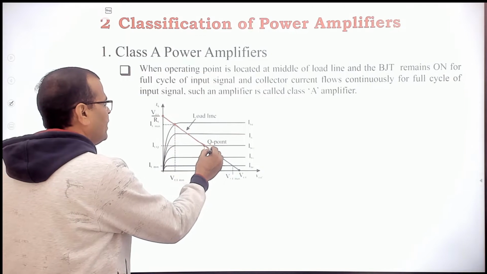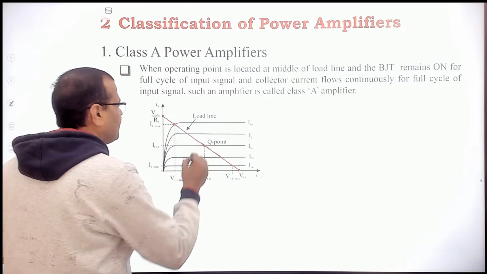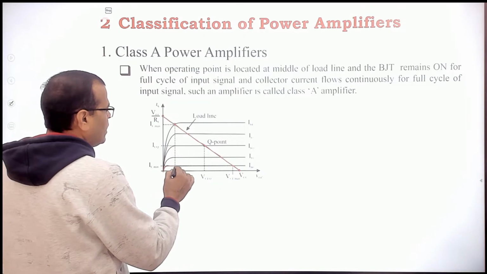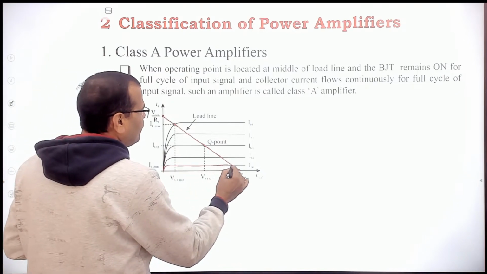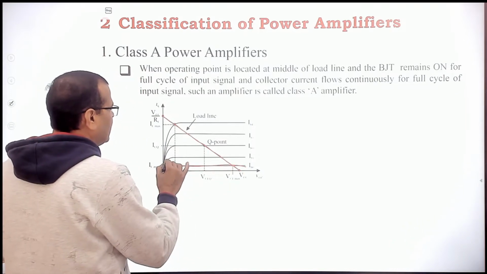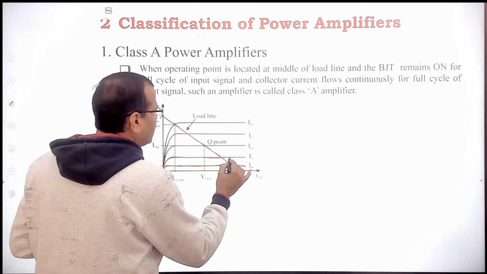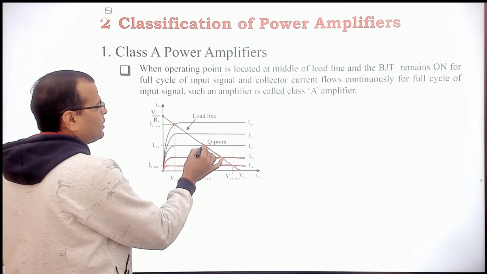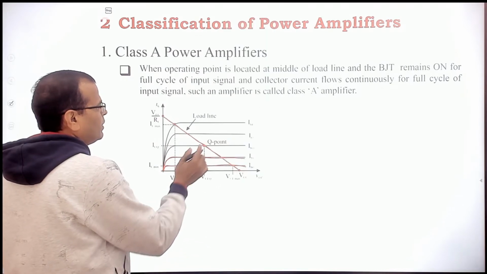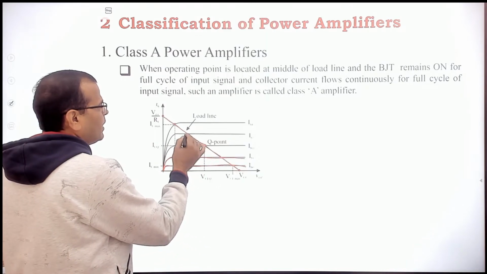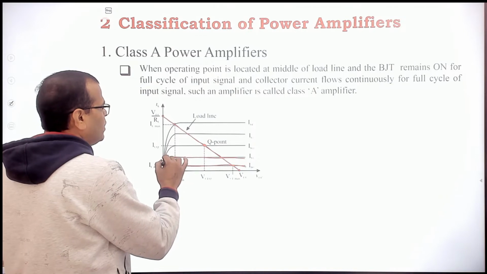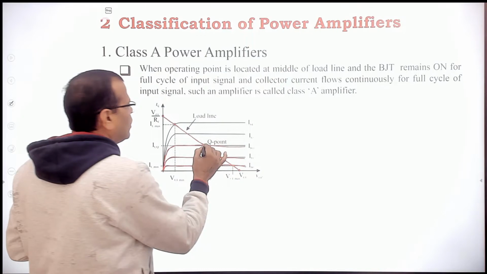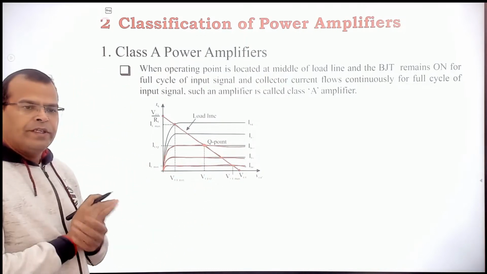This line is called the load line of the amplifier, and these lines are the characteristics of the BJT. The intersection of the load line with the characteristics of the BJT is called the operating point, right?